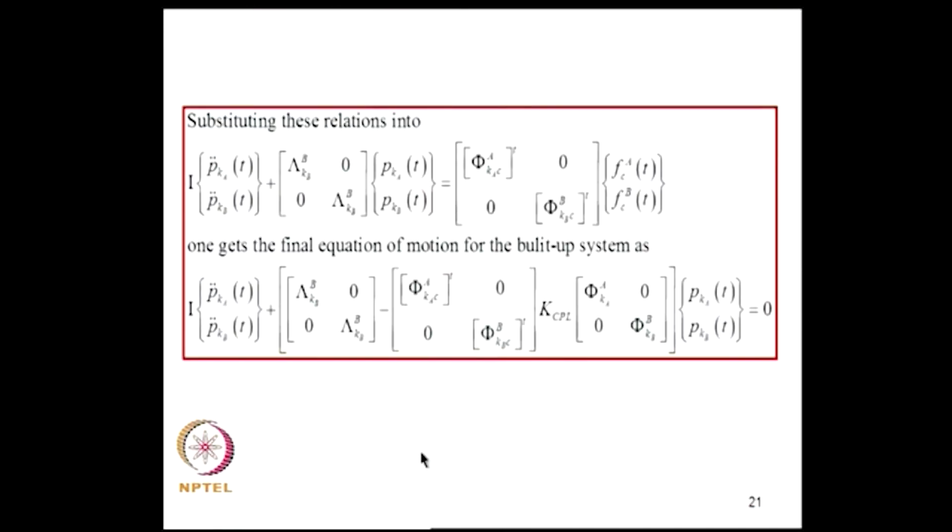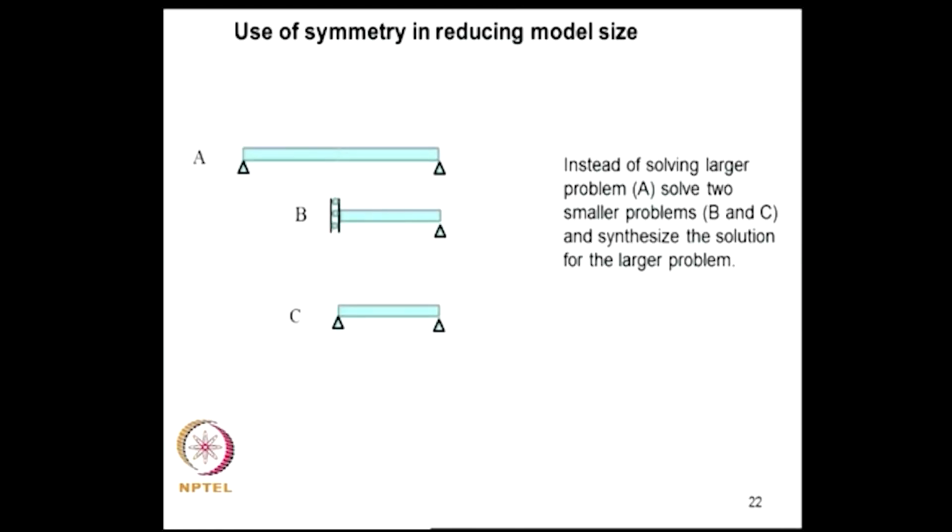Consequently, if you substitute these relations into the governing equation, I get an equation of this form, and the final equation of motion, this is for system A and B together, and the final equation for the built up system is obtained like this, where the stiffness matrix for the coupled system is modified through these additional matrices. So, this helps in dealing with situations where there is elastic coupling between subsystems.